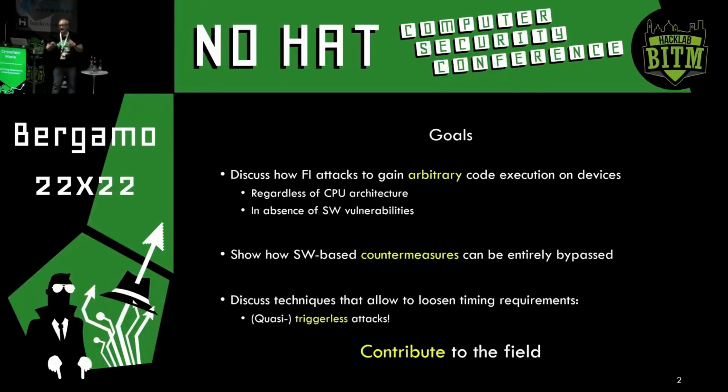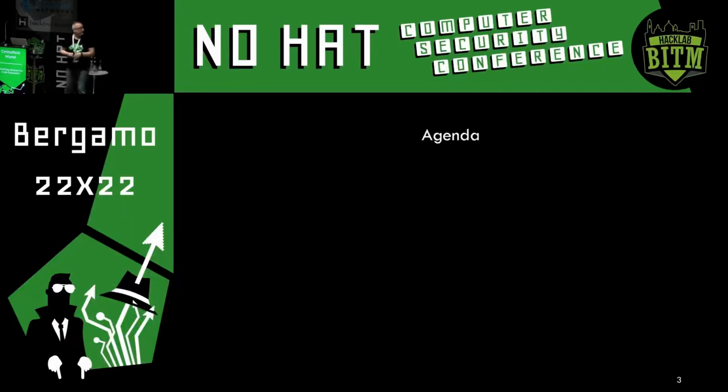So basically, I hope that this kind of reflection can contribute to the field and to the reflection of everybody doing fault injection attacks or any hardware security. The agenda: we're talking about the foundation, some introduction which is functional to what we need to discuss. Then we try to give a bit of systematization to what we often see discussed, putting some terminology and concepts in the right place.